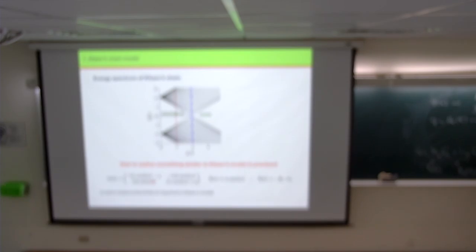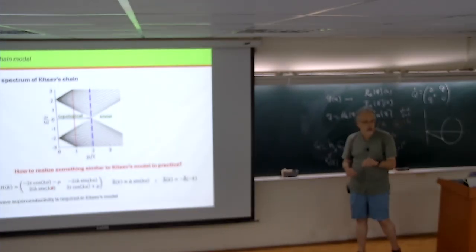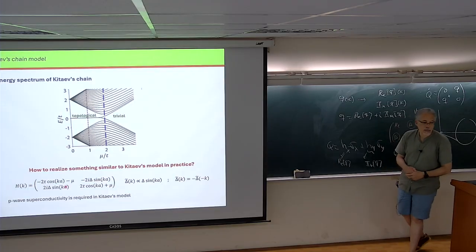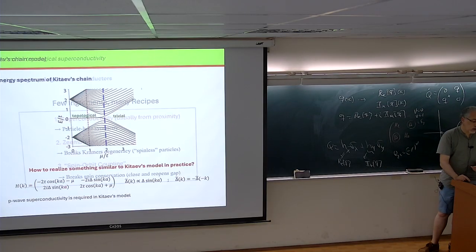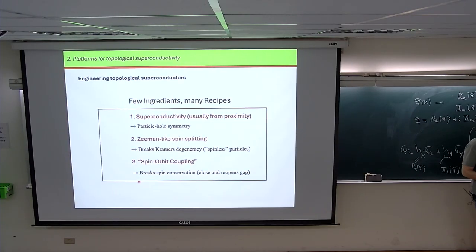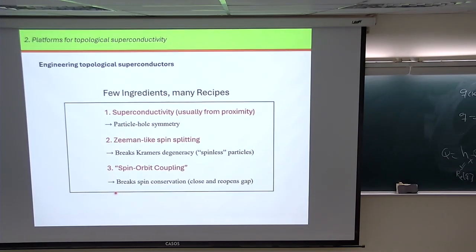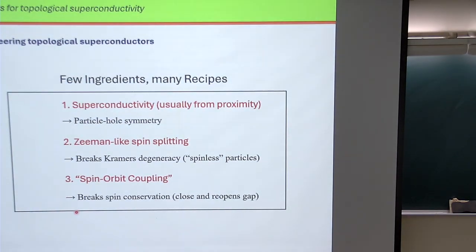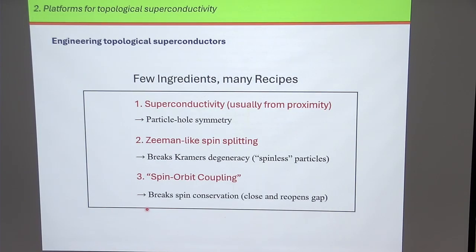So you will need something like a spin-orbit coupling, which is the thing that will couple momentum to the spin. So all in all, there are many proposed recipes to build this, but the main ingredients are these: superconductivity, because you need particle-hole symmetry. You need Zeeman-like spin splitting, because you need to break the degeneracy between the spins.